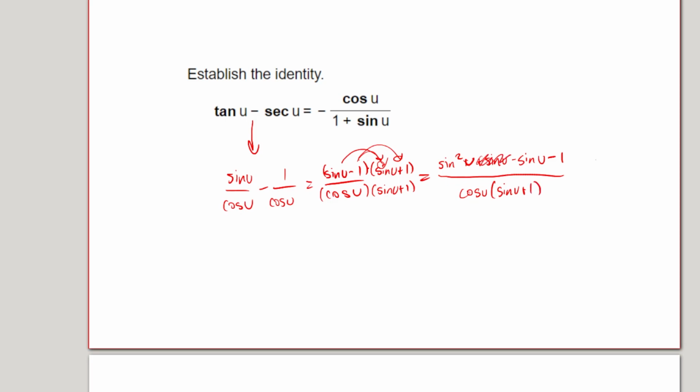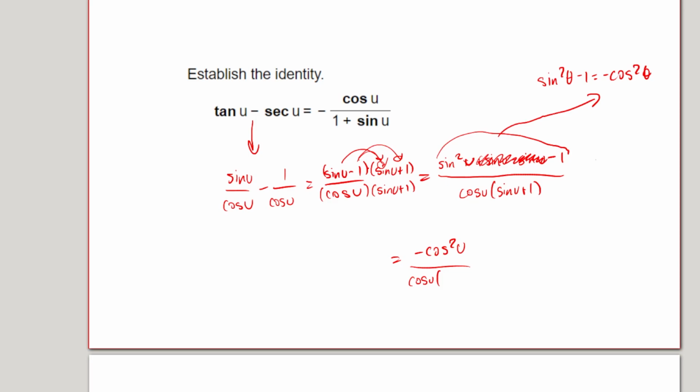Now, as you can see, we can simplify this numerator. Those sine of u's will cancel out. And if we think back to our identity, I think I've shown this a few times, but sine squared theta minus 1 will just be equal to negative cosine squared theta. So we can replace this with that, and we'll get negative cosine squared of u over cosine of u times, and I'm going to rewrite this as 1 plus sine of u.